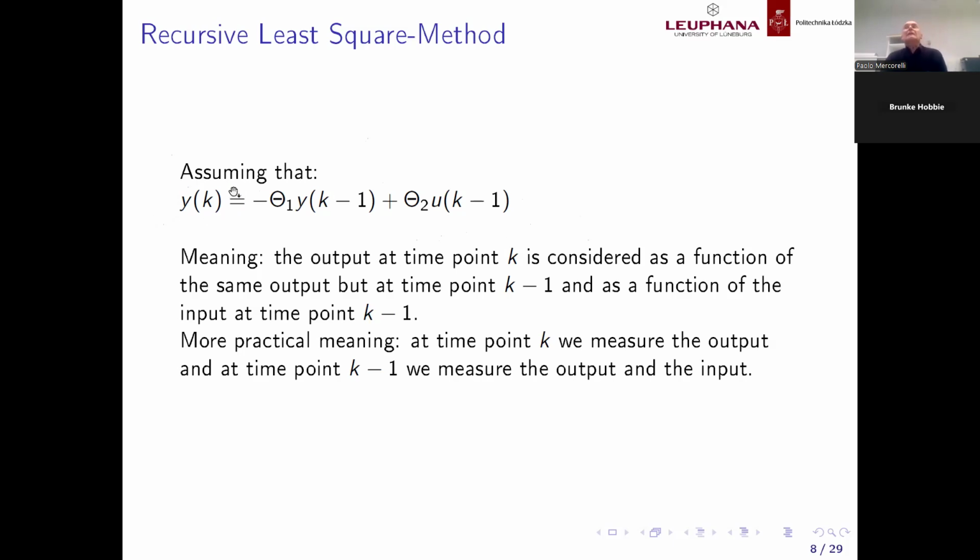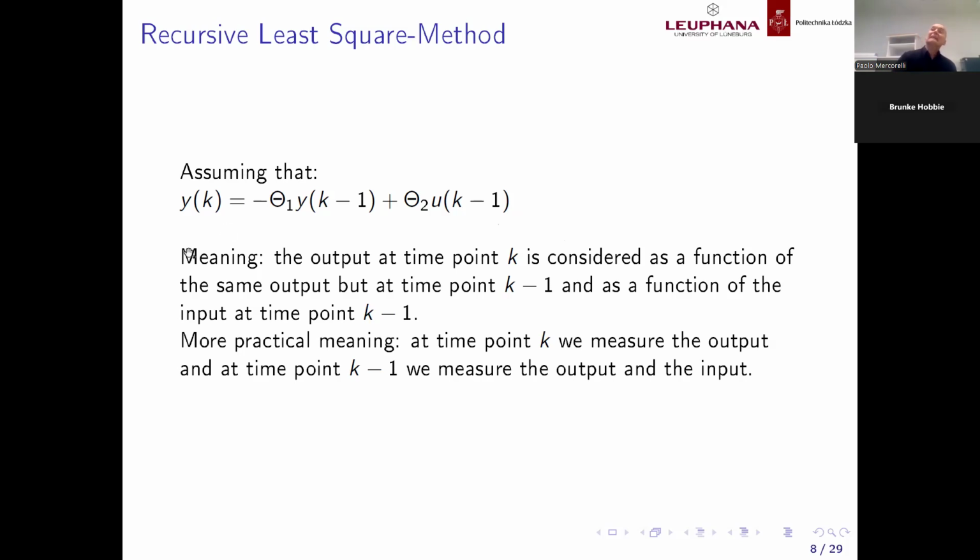Because it could be that the output of today depends not only on the input of yesterday, but also on the input of today itself. More in general, as I formulated last time, how long should I consider the window of the data which I have to measure?